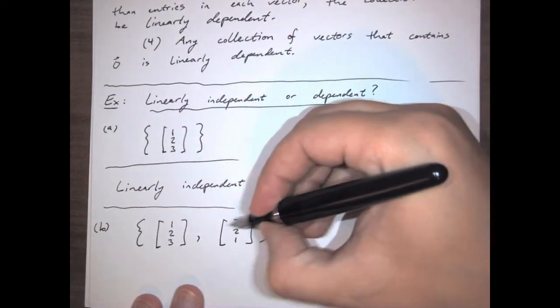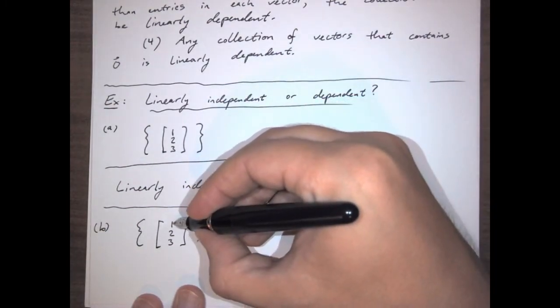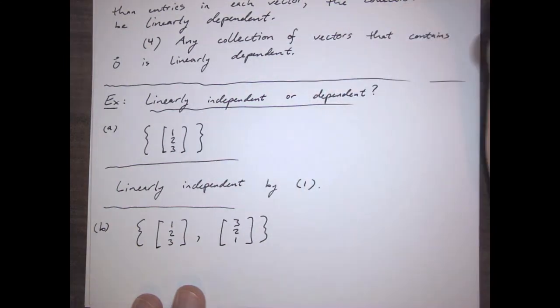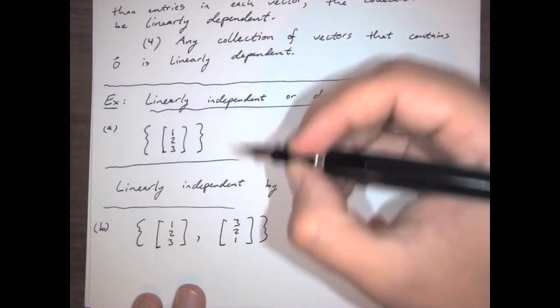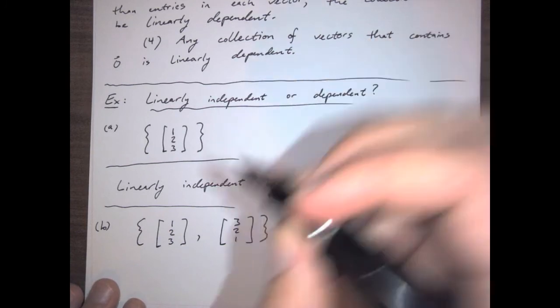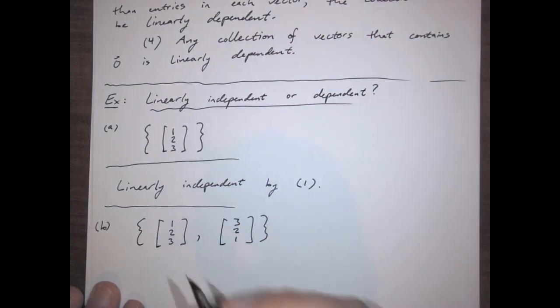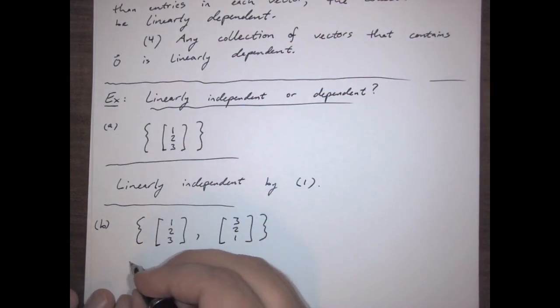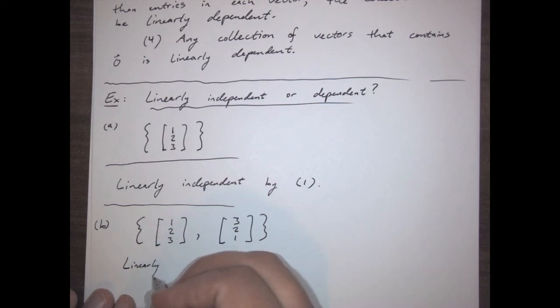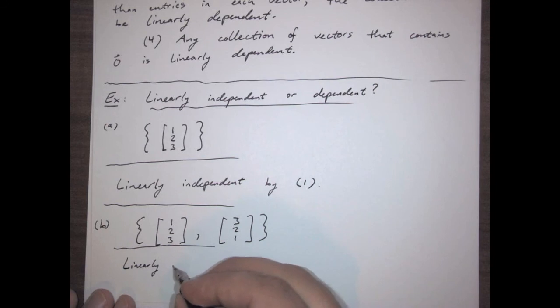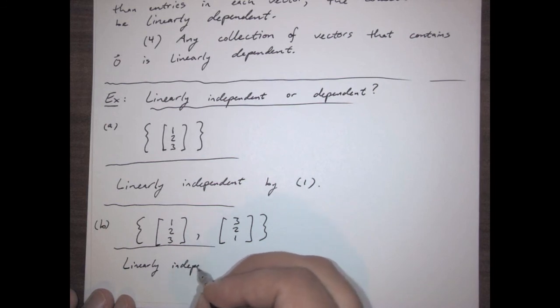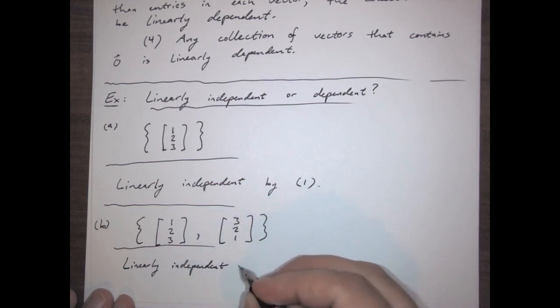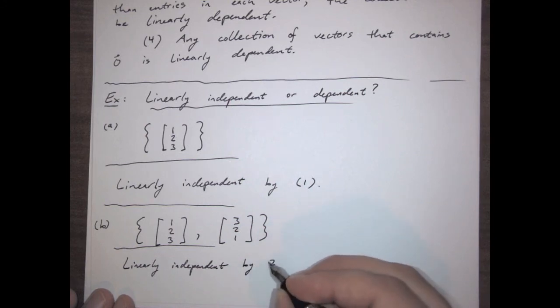For this to be a multiple of that, 1 times 3 makes 3, and that doesn't match the other two. So neither one is a multiple of the other, and therefore they are linearly independent by property 2.